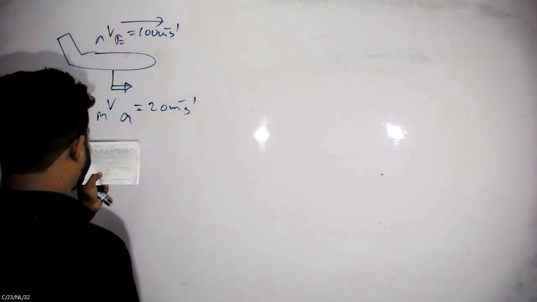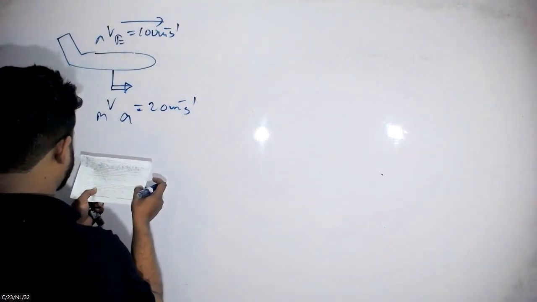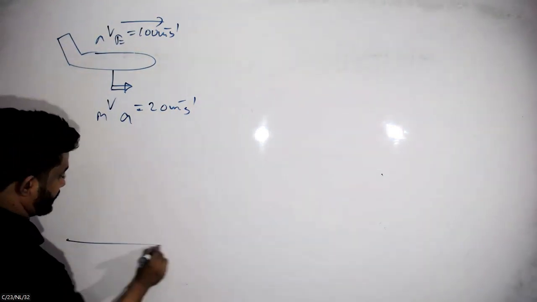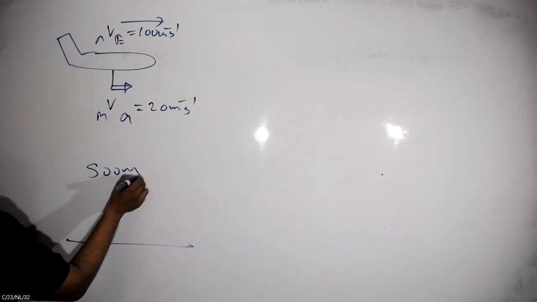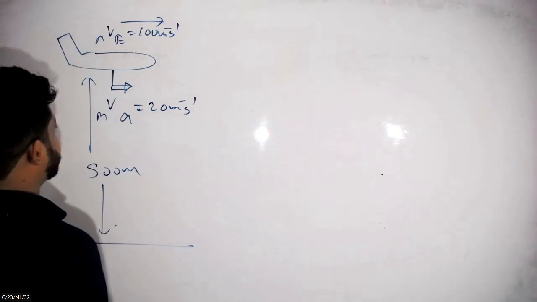If a missile is fired at a target in front of the aircraft while it is moving 500 meters above the ground level, at what horizontal distance from the target should the missile be fired?